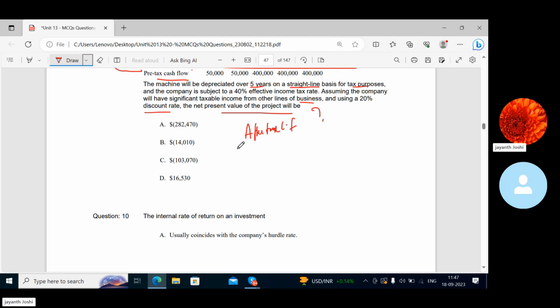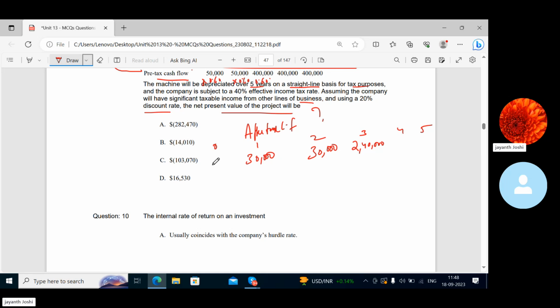We can keep it this way: 30,000, 30,000, 30,000, and so on, because it is multiplied by 0.60, giving 2,40,000 for year 1, year 2, year 3, year 4, year 5. Zero is the investment. How much is the investment in this project?